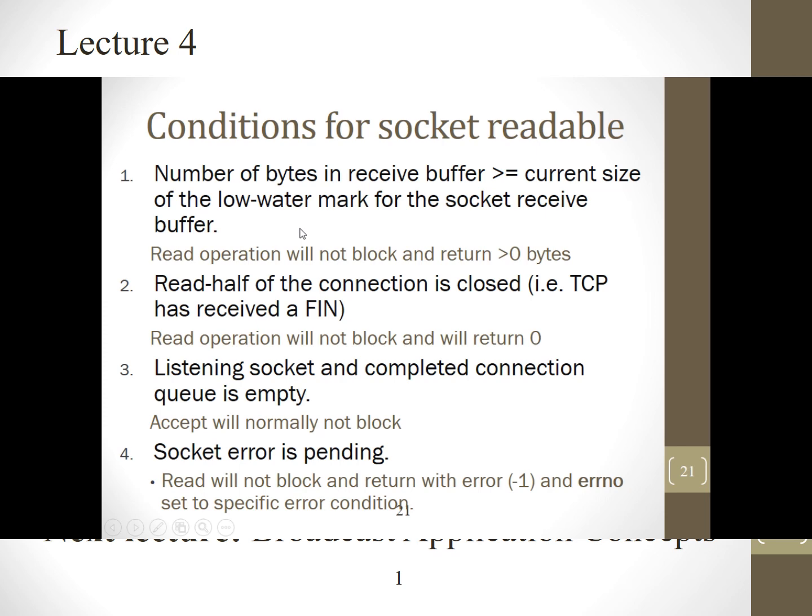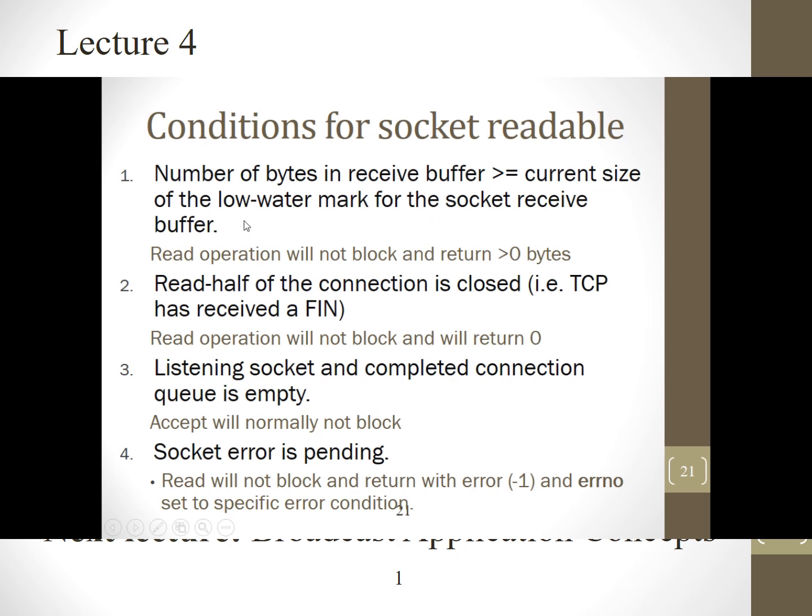Another thing we need to keep in mind is the conditions for a socket being readable. When are we going to read from the socket? We have four conditions. The socket will be readable if the number of bytes in the receive buffer is greater than or equal to the current size of the low water mark for the socket receive buffer.